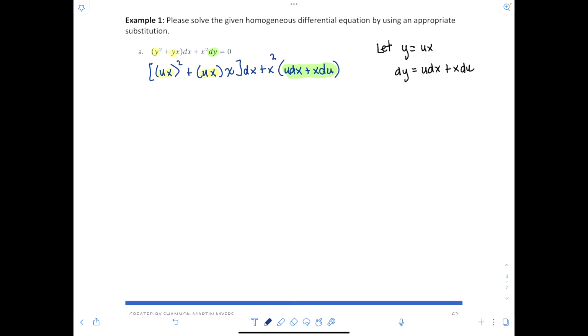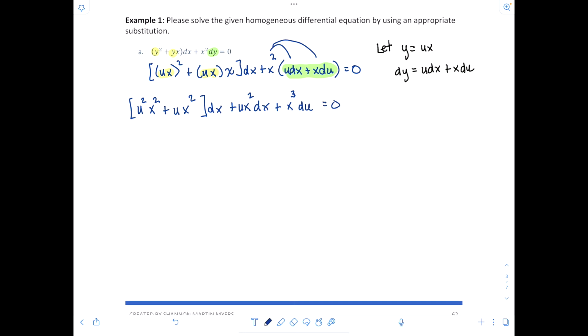This gives us u squared times x squared plus u times x squared, all of that times dx, plus x squared times u times x dx, plus x cubed du, equal to 0. All I did is distribute the x squared to each term.